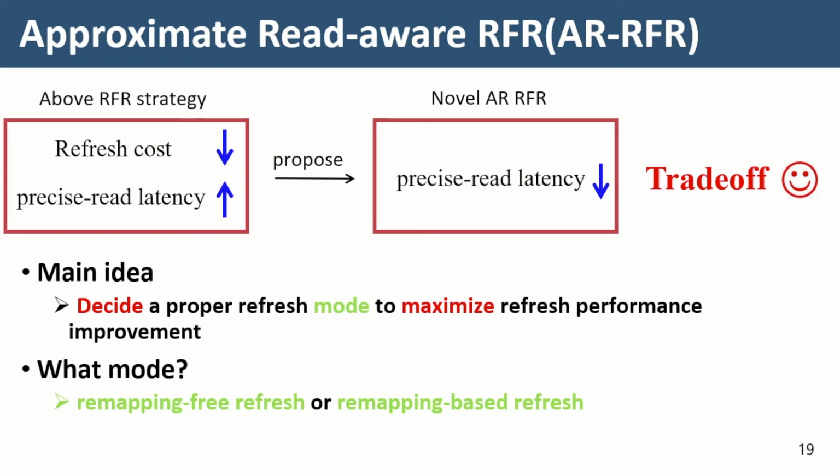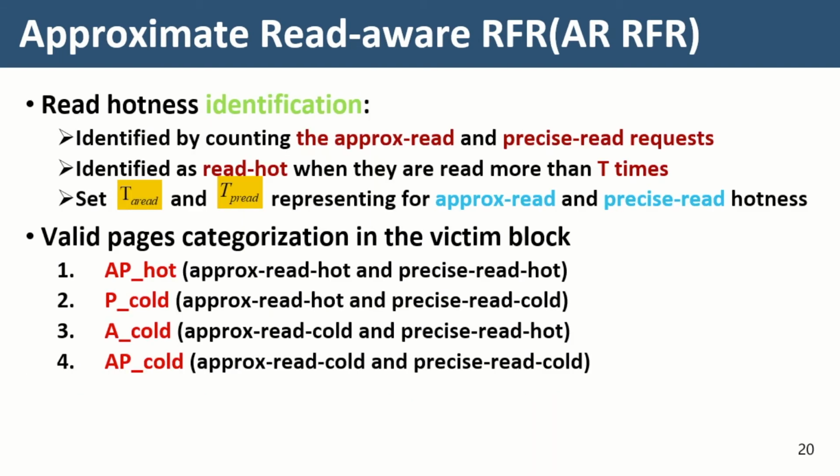The main idea is to decide a proper refresh mode based on the approximate read and precise read hotness of valid pages. Research often uses the number of read requests to identify read hotness, so we set two different thresholds, TA-read and TP-read, to identify approximate read and precise read requests' historical hotness.